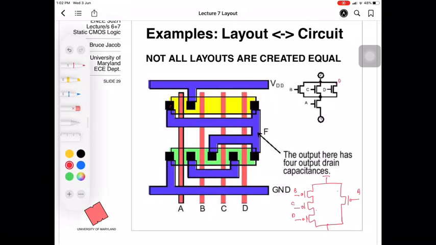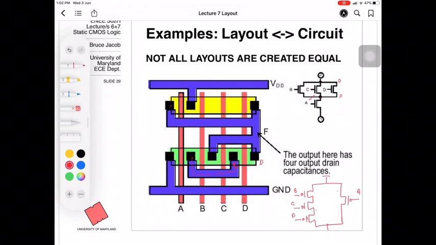This is the drain of D and the source of D. The source of D is connected to C, which is also connected to B. So this is the source of C, and it's also the source of D, and the other source is from B. So this one is connected. This is the connection which we did in the previous slide.